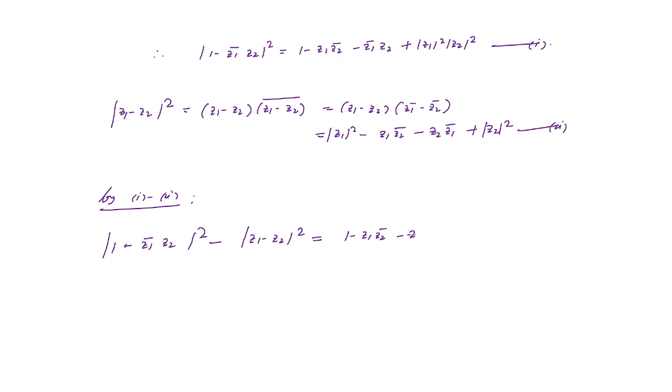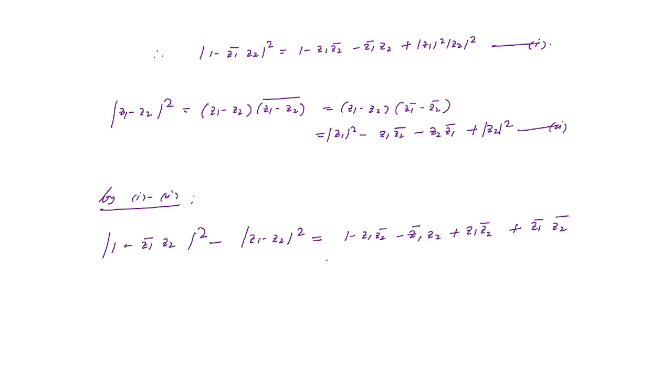minus z̄1 z2, and we cancel this term and this term, so it will be z1 z̄2 plus z̄1 z2.